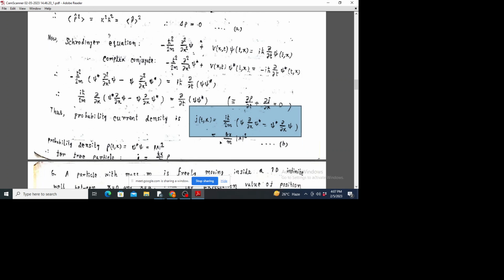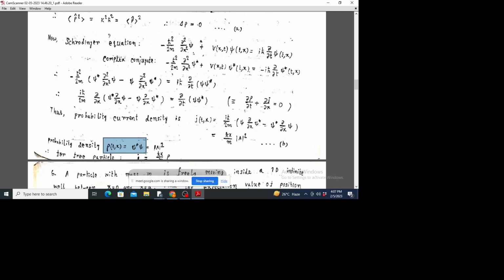I will not go through the derivation. So this is the probability current density, and this is the probability density.